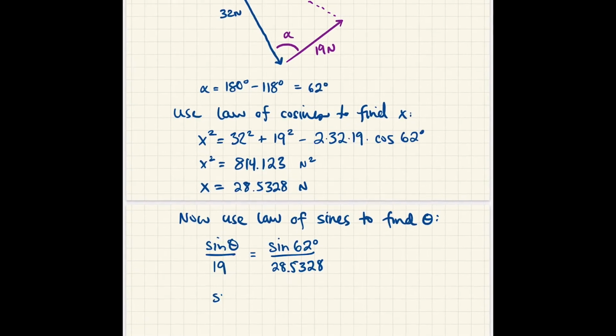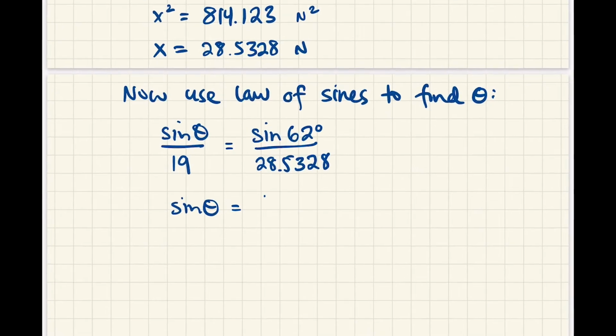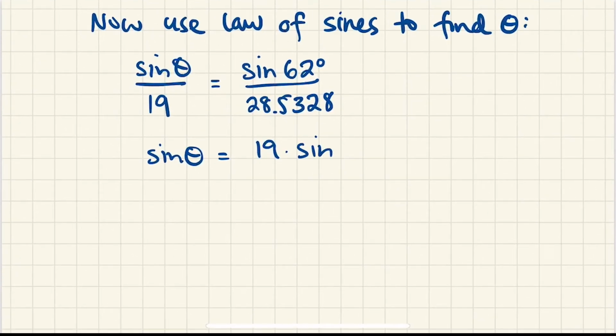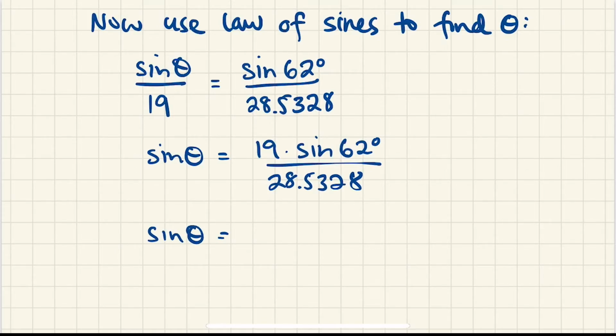So sine of theta is equal to 19 times sine of 62 degrees divided by 28.5328. We'll do that calculation. I get that sine of theta is 0.587954. And therefore, theta will be the inverse sine of that.